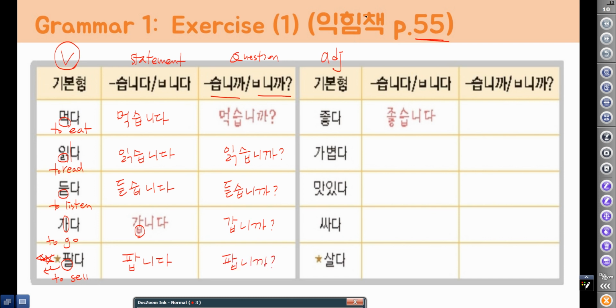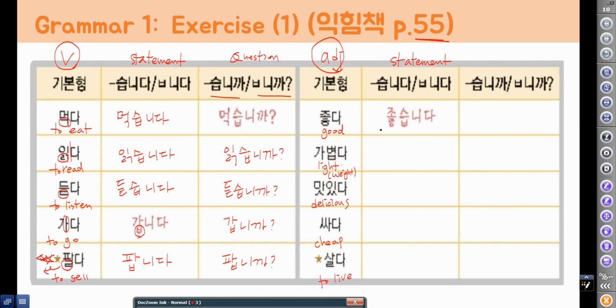Okay, so let's take a look at the adjectives this time. Statement. So, 좋다, good. 가볍다, the weight is light. Okay, the weight. 맛있다, delicious. 싸다, cheap. 살다, to live.